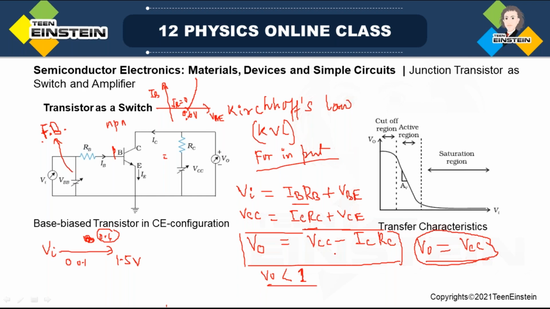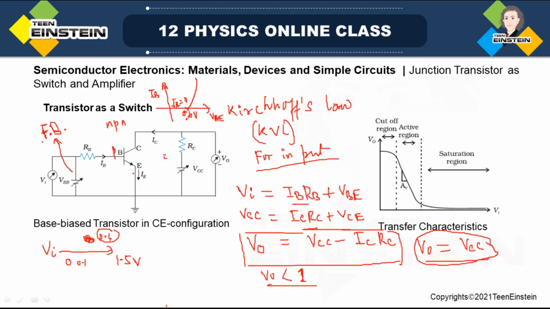Now as the transistor is turned on, the product ICRC will be increasing and the output will be decreasing gradually. It will decrease linearly. So in this region, the output junction, that is CE, is reverse biased, and the input junction VBE will be forward biased. Therefore it will be acting in the active region.